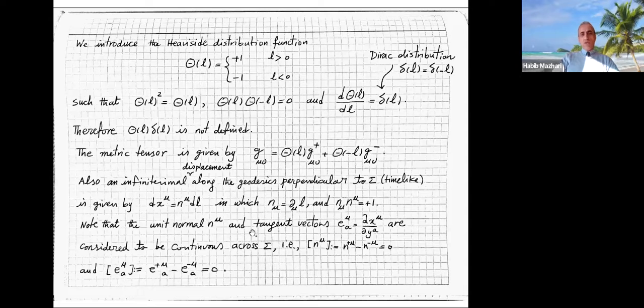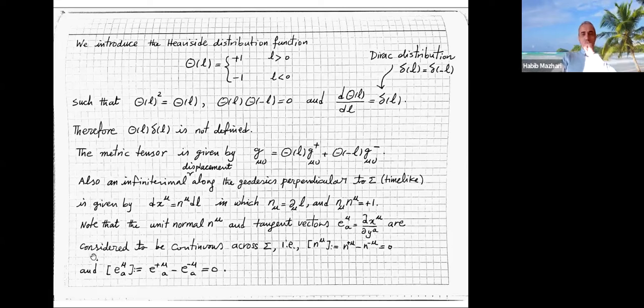Now, n^μ is normal to the tangent vectors. Tangent vectors are usually defined in terms of our canonical coordinate x^μ and also the local coordinate y^a. The Greek indices go from 0 to 3, and the Latin indices go from 0 to 2, so one less dimension for a.